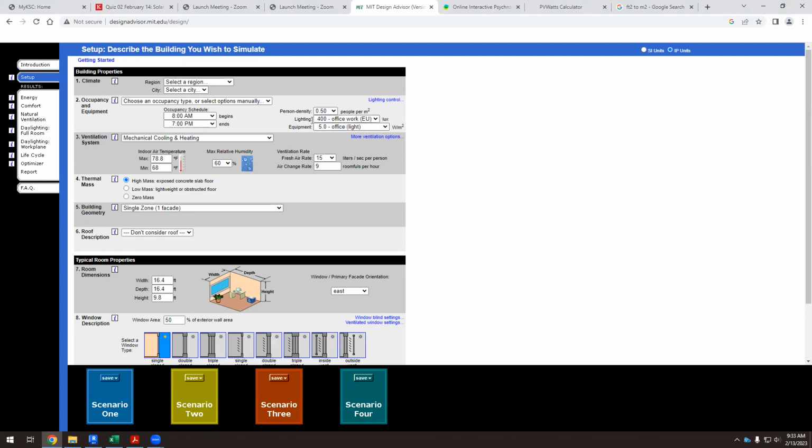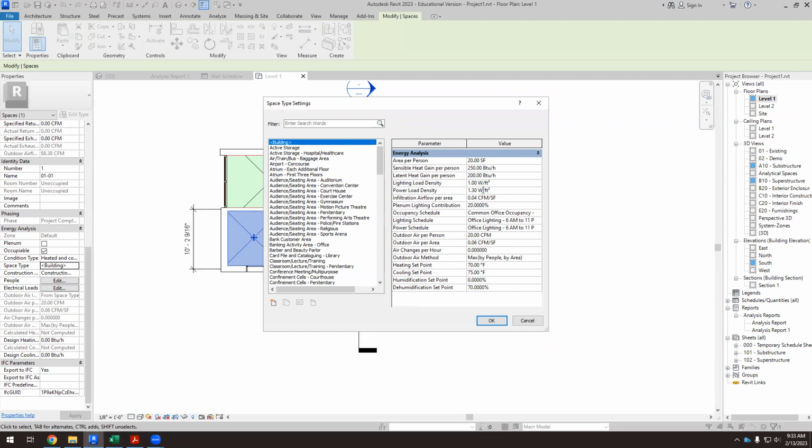The lighting load density and the power load density are the same thing they are asking us here. So does it make sense? 400 lux. Yep, but there's a conversion between watts per square meter or square feet and lux. We're not going to talk about it. As you can see, these values are here, but in different units. We can rely on default parameters because in buildings, the lux is the level of artificial light that we need in a building.